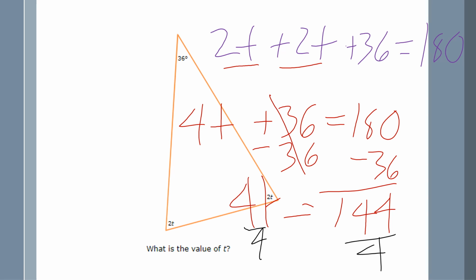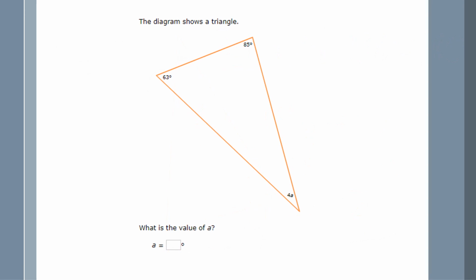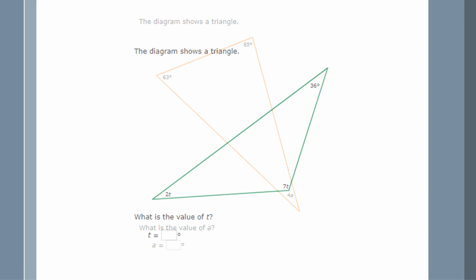And t is going to be 36. Again, that's essentially how you do it. So, ain't no drama. Not trying to stress you out. It's pretty much that easy. You could try that one.